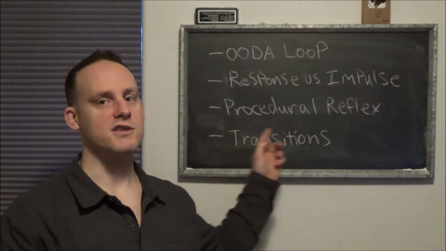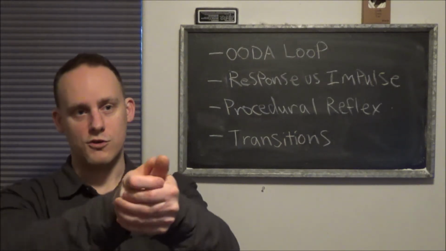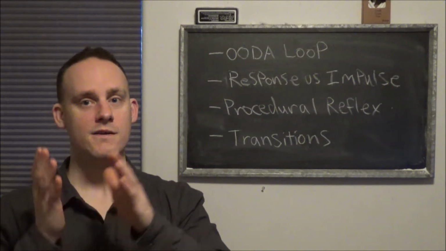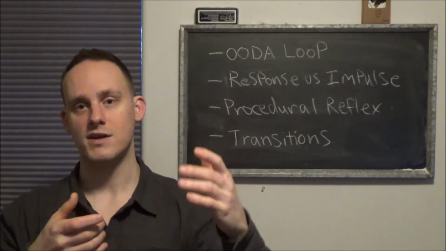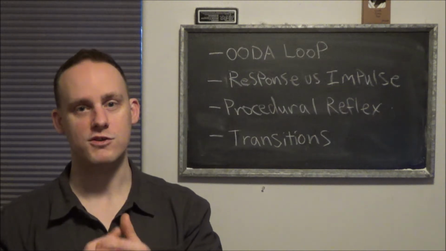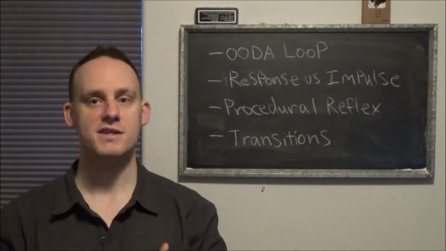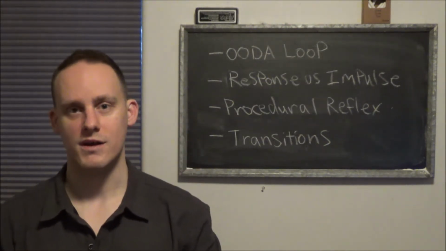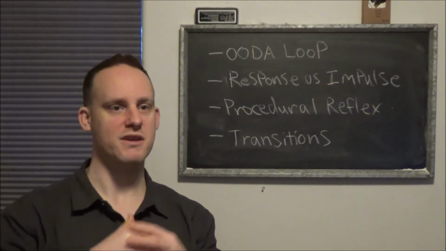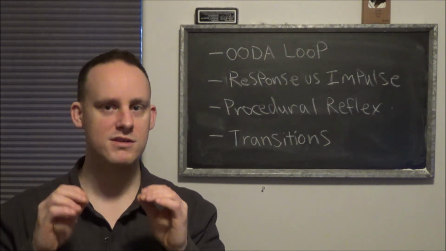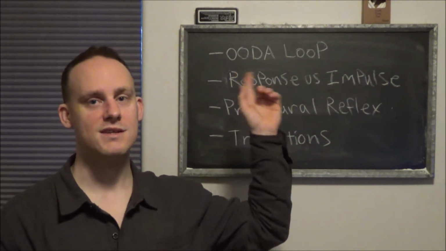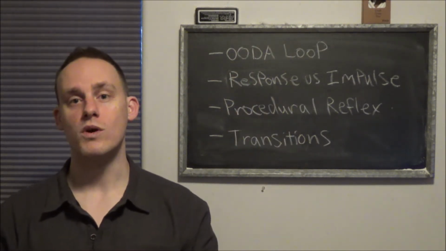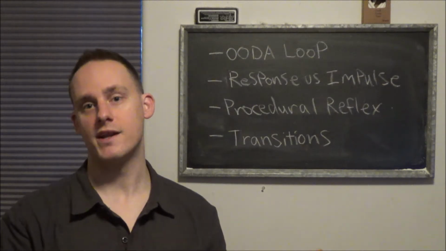The next one is procedural reflex. This is basically where you identify a need to either reload or correct malfunctions, and you need to keep your eye on the threat, so you're reflexively going through something. You don't need to stare at it. And this is because if you're actually fighting for your life and you end up having to reload, maybe you're behind cover or whatever, it takes milliseconds for your brain to decide and go through this process right here on what you need to do if they become a threat again.